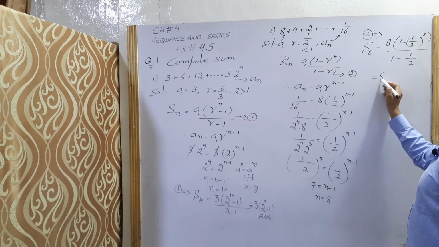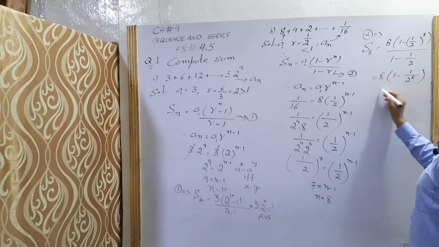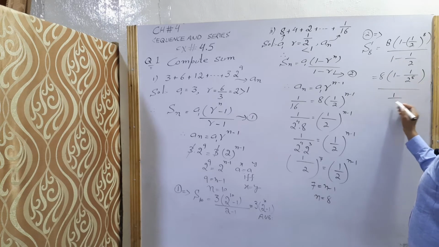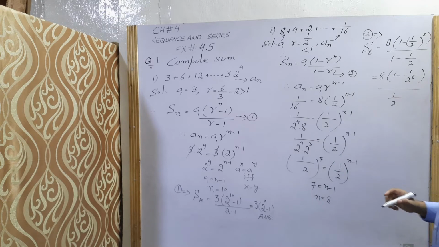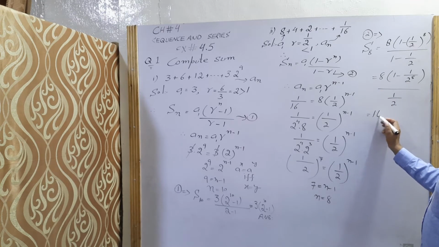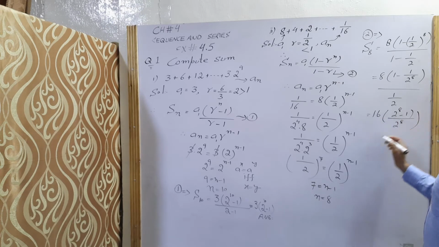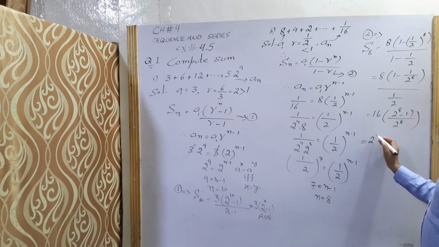So this is 8 times 1 minus 1 over 2 raised to power 8, divided by 1 minus 1 by 2, which is 1 over 2. So 2 eights are 16, times 1 minus 1 over 2 raised to power 8, and this can be written as 2 raised to power 4 times 2 raised to power 8 minus 1.